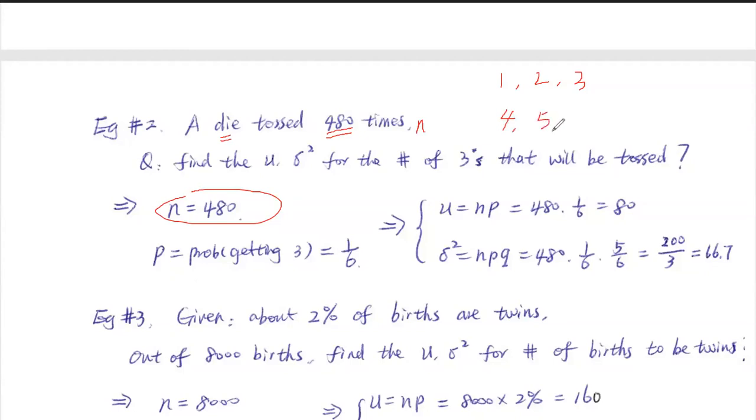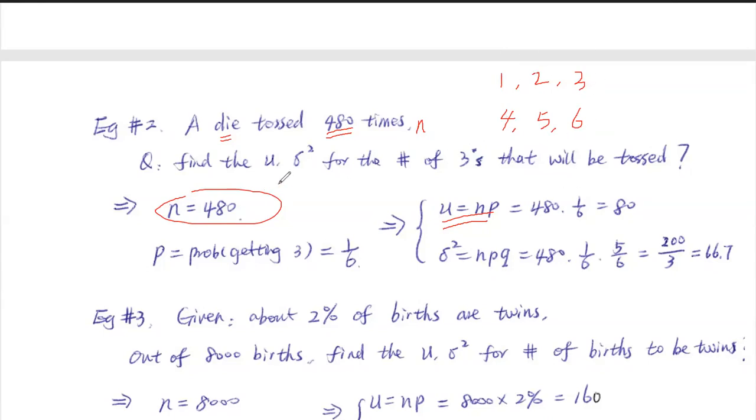Then we have a trouble. Why? Because when you apply the binomial formula, you can only have two possible outcomes, is that right? But here, if you toss a die, how many outcomes are we getting? We are getting 6, is that right? We cannot apply the formula directly if it's based on these 6 outcomes.